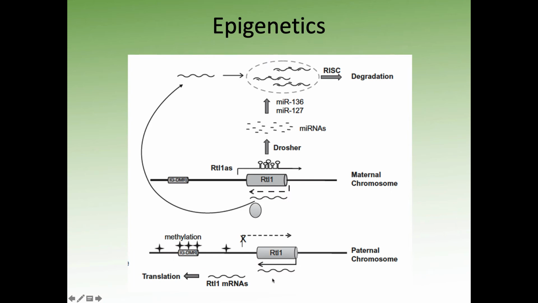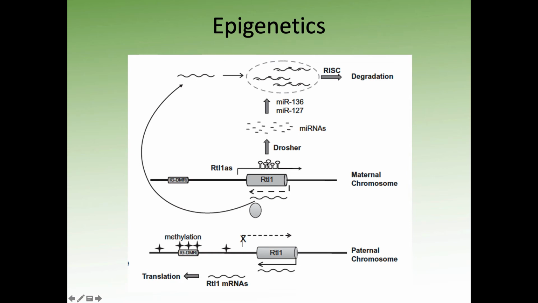There's directional transcription in this direction, which allows for the transcription of the mRNA product and its translation. Meanwhile, on the maternal chromosome, there's no methylation, and so instead of this negative strand transcription, we actually get a positive transcription signal.